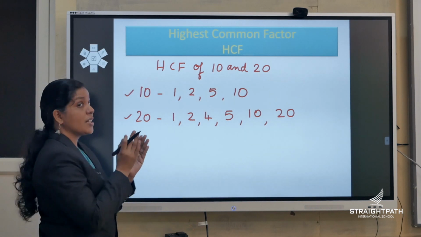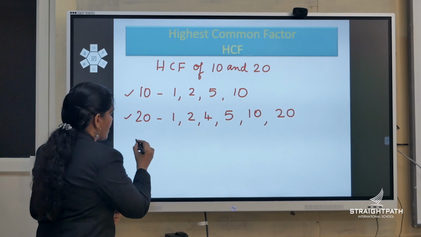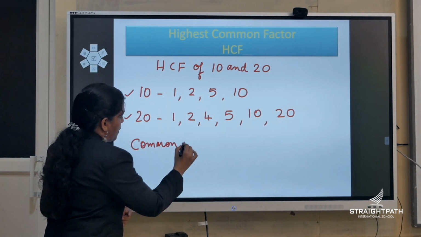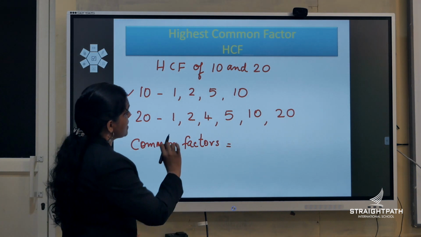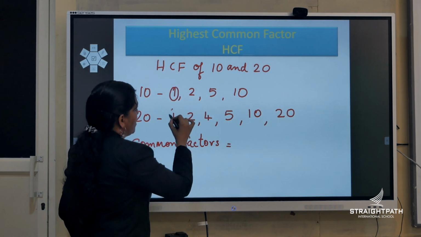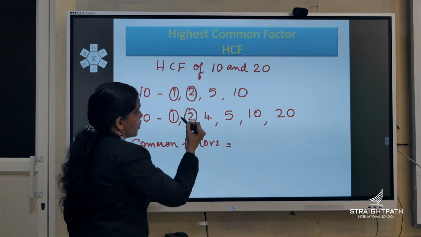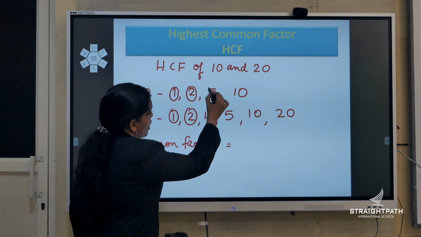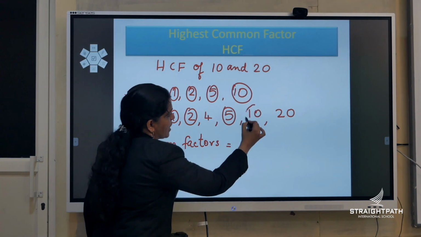Now, tell me which are the common factors, common means same factors. So, I will write the common factors here. Which are the common factors? You can see here 1 is a common factor, yes of course. 2 is a common factor, you can see 2 in both the cases. 5 is a common factor, yes 5 is same. 10 is also a common factor.